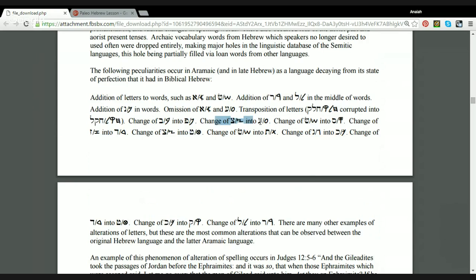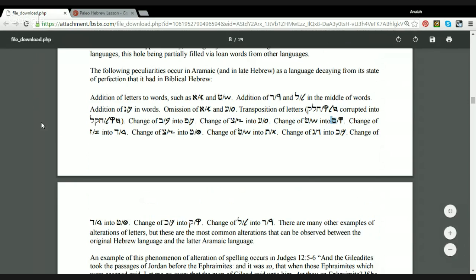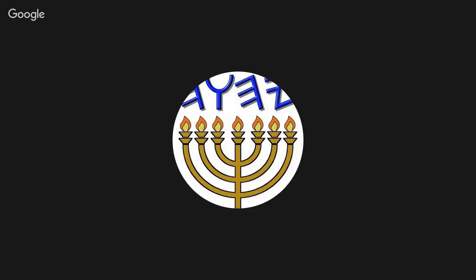So Aramaic over time changed the tsadi into ayin. And then change of shin into samekh. You can understand why that is, right? Because they started pronouncing shin as an s, so they started writing it as this instead. Okay. And a change of z into d.